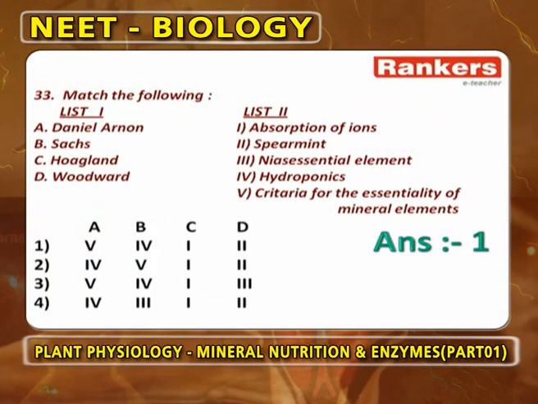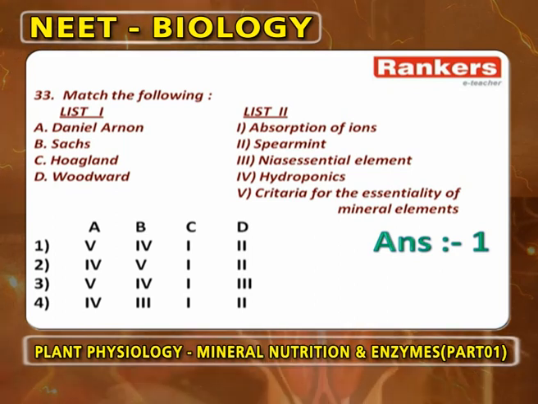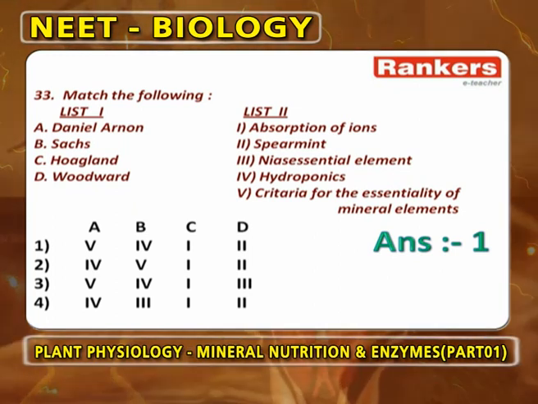What are those three basic laws? Every mineral ion must show its existence till the completion of growth and reproduction of a plant. Any mineral ion must be directly involved in a metabolic process. A mineral ion should not be easily replaced by another mineral ion. So, Daniel Arnon is known for criteria for the essentiality of mineral elements.